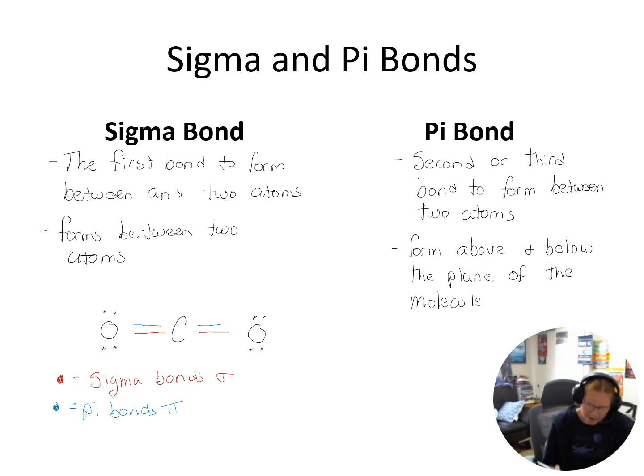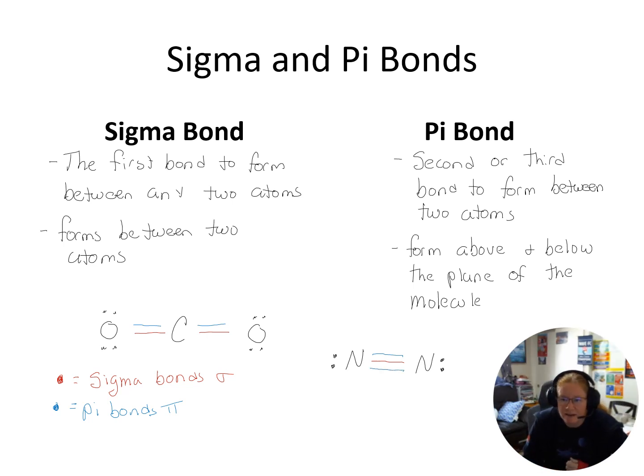Now, what if we have a compound that has a triple bond in it? What happens if I have 2 nitrogens hooked together? The initial linkage between the 2 nitrogens is my sigma bond. Then I put in my pi bonds for that triple bond. Both the second and the third bond that give me a triple bond are going to be my pi bonds, and those are going to happen above and below the plane.